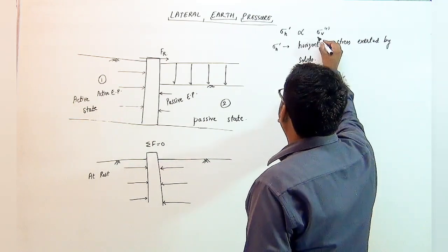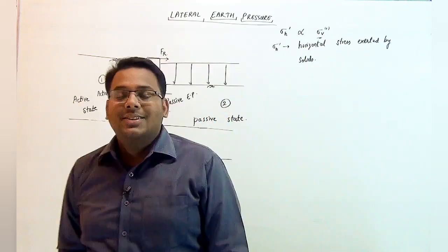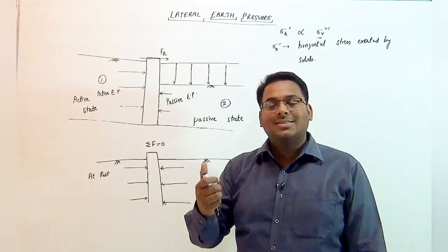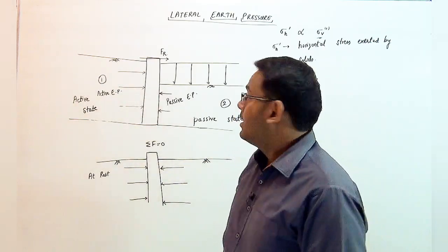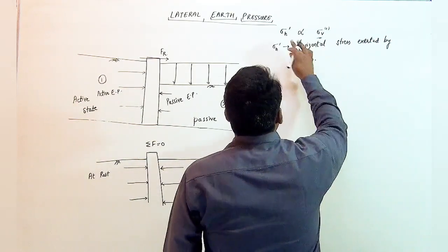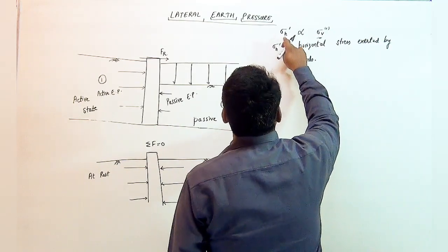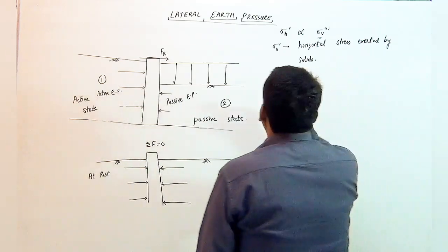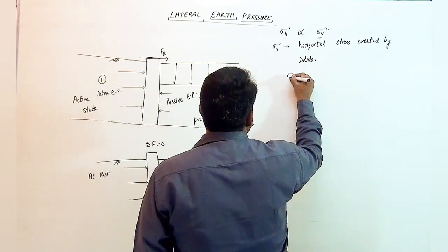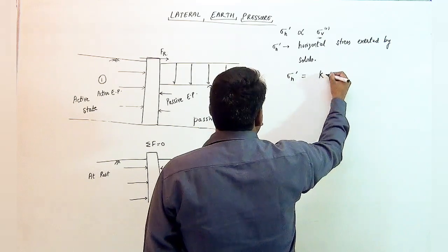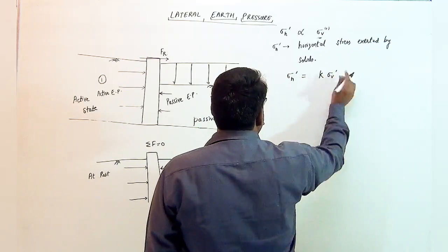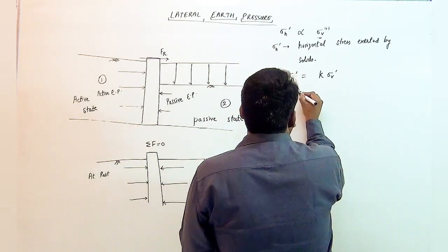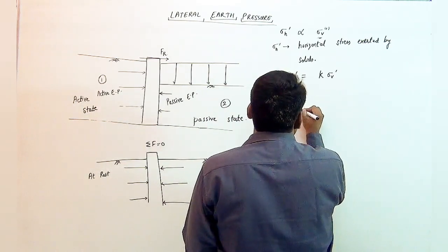As we all know, sigma v dash is the vertical stress acting on the solids, and that is nothing but the effective stress. So the horizontal stress acting on the solids will be directly proportional to the vertical stress acting on the solids, and if we remove this proportionality sign, a new constant will get introduced, and that constant is written as k. This constant k can be written as sigma h dash upon sigma v dash.